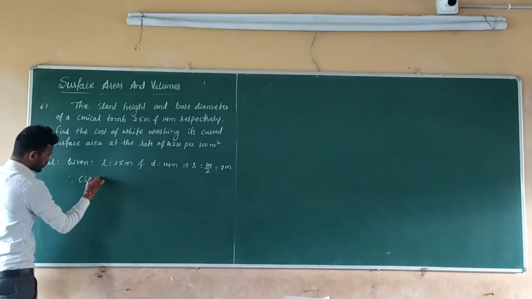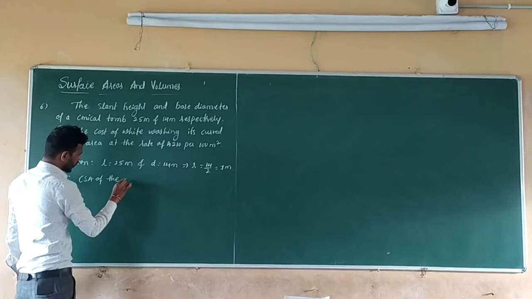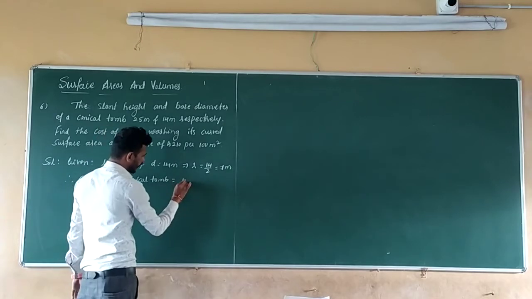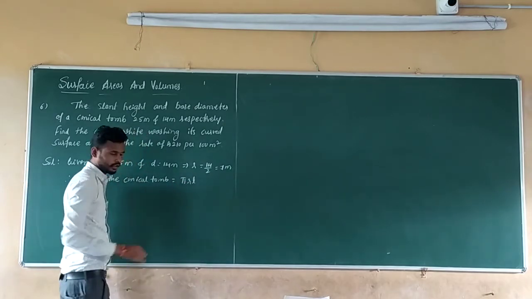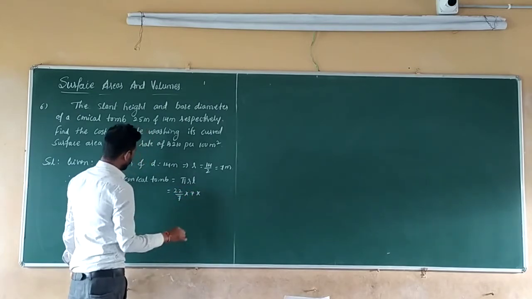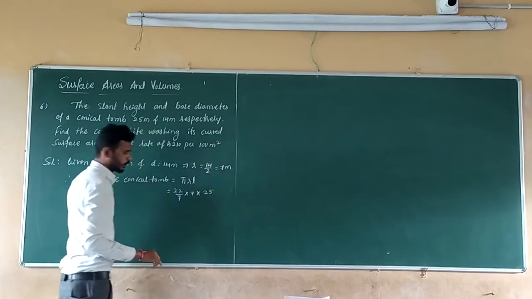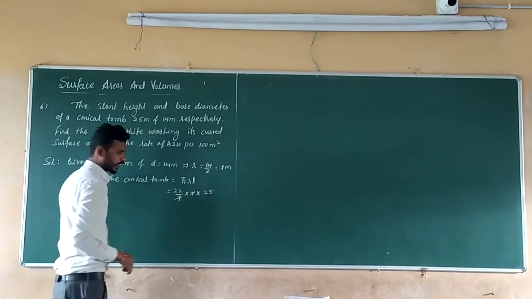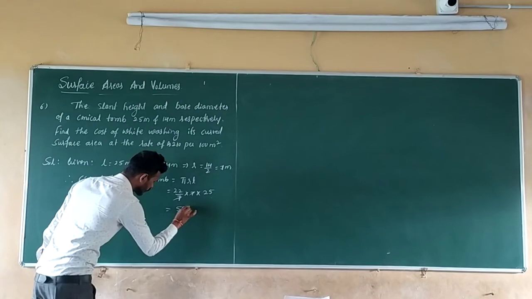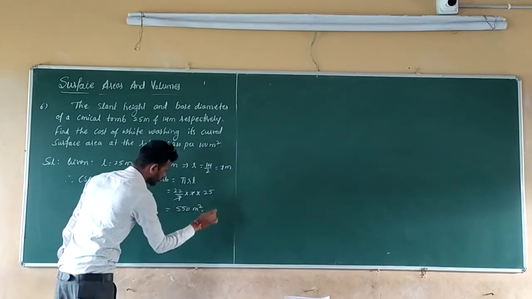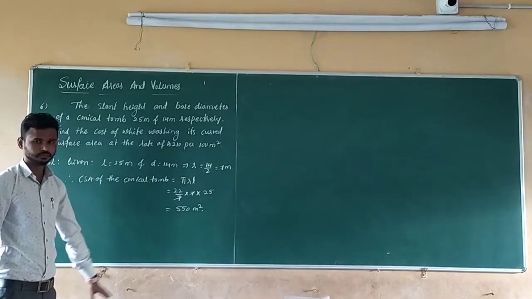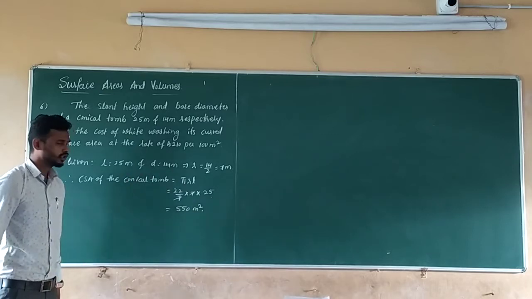Therefore CSA of the conical dome is equal to, the formula is pi r L. So pi value is 22 by 7 into radius 7 into L 25. So 7 gets cancelled. So 22 into 25. Multiply that, you will get 550 meters square. So this is the CSA of the conical dome.